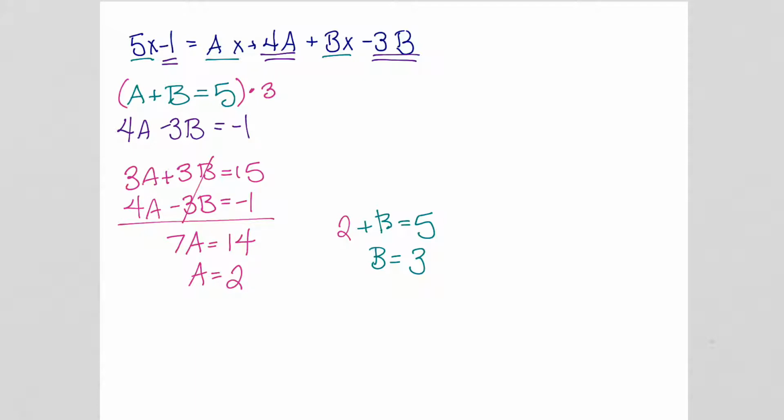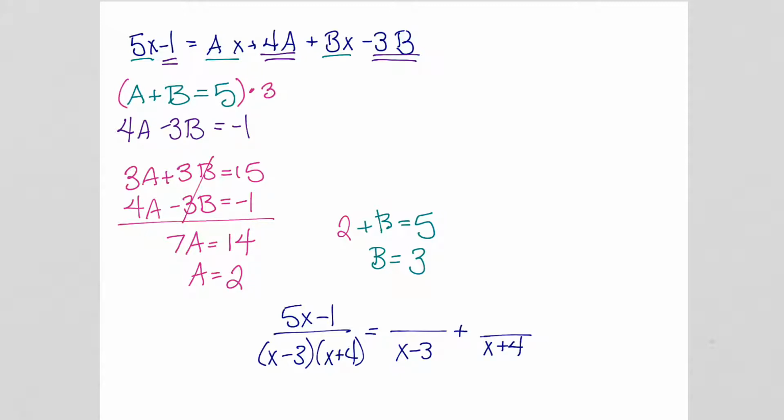What this means for us is that we have finished. Well, we can't just stop with A equals and B equals. We're going to write our equation. So we now know that 5x minus 1 over x minus 3 times x plus 4 separates to equal 2 over x minus 3 plus 3 over x plus 4.